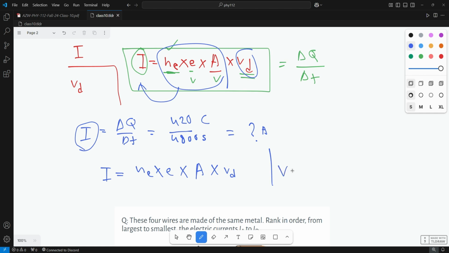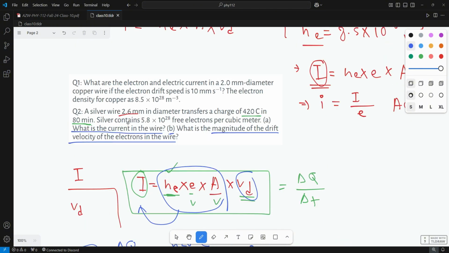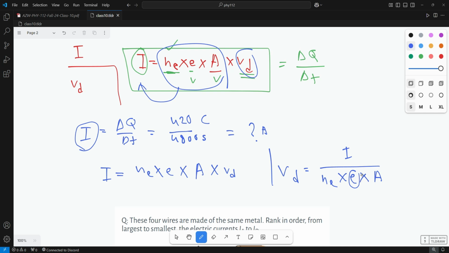We can find the drift velocity as I divided by this times A, all of which we can find from this question. We can find the area from this. n e is given over here, and we know the charge of electron is minus 1.6 into 10 to the power minus 19 coulomb.